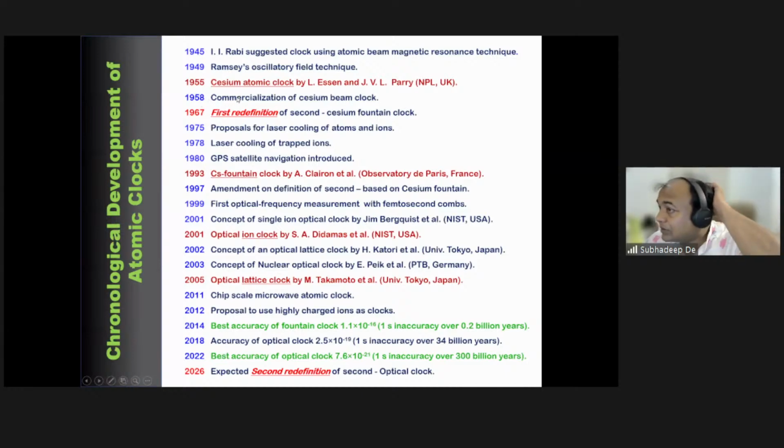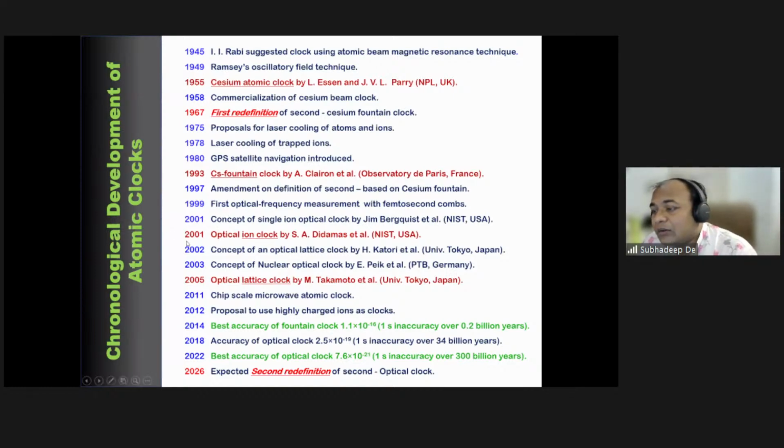For example, the first cesium clock was produced in 1955. Then, based on that, the time was redefined with respect to the atomic clock in 1967. Earlier, before 1967, it was based on the rotation of Earth. Then in 1993, there was an amendment to this redefinition, and it was based on the cesium fountain, like cold cesium gas and fountain.